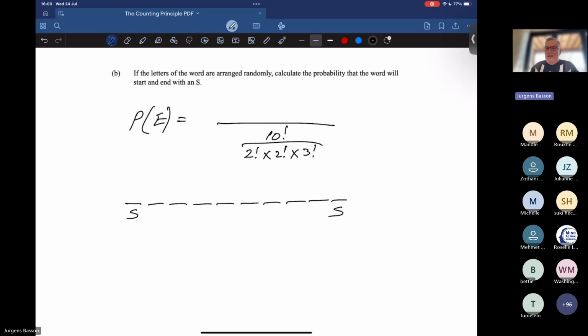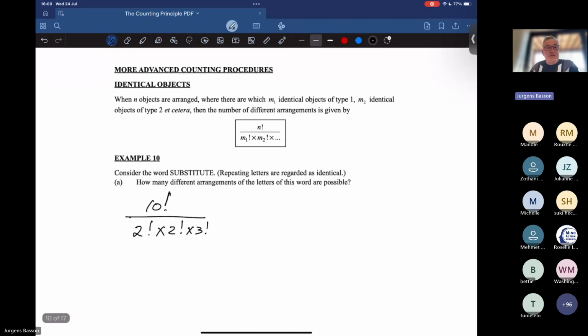I do it slightly different, and I just want you to hear me out and to see why I do it. I treat these 2 S's as different. So my approach very much, as we started this question, that 10 factorial, I treated all the letters as different. And then I divide by the ones that repeat.